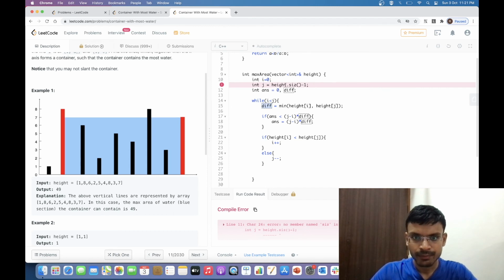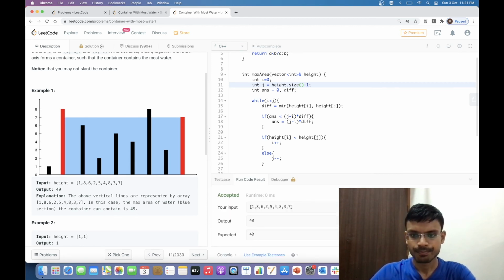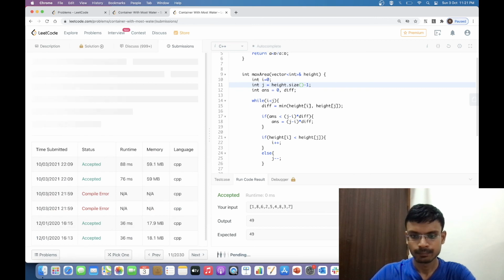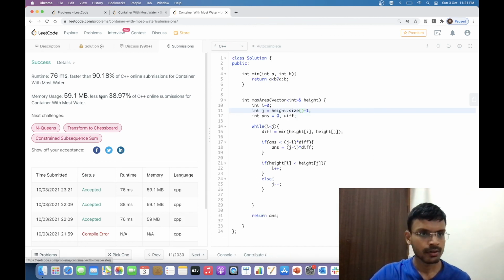Compilation error, okay, height size minus 1. Yeah, so the solution looks good and it is also faster than 90% of the online submissions.